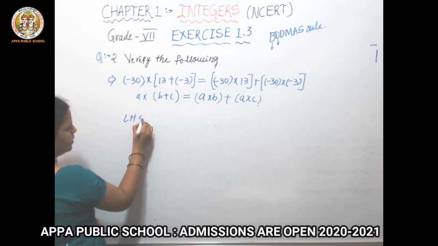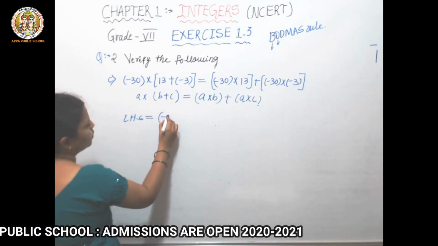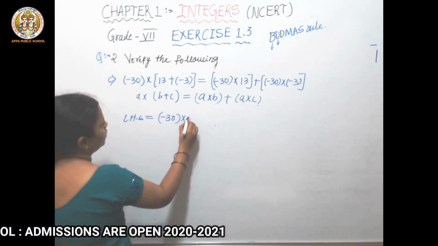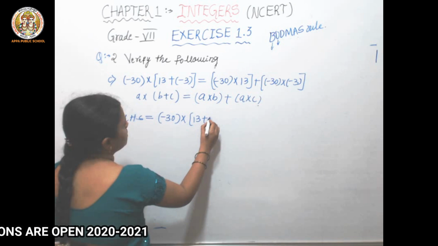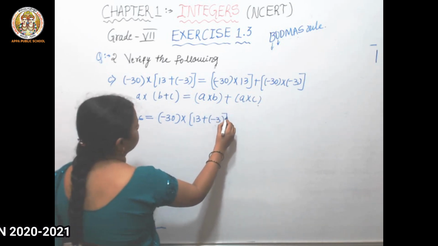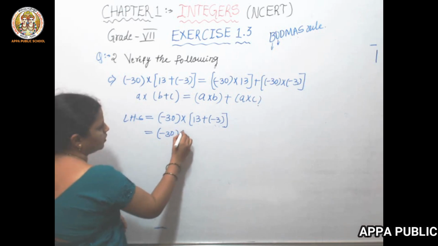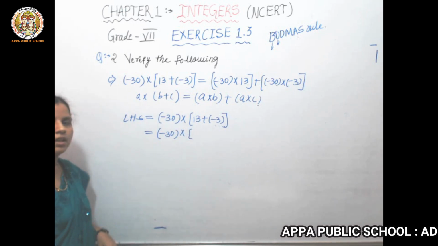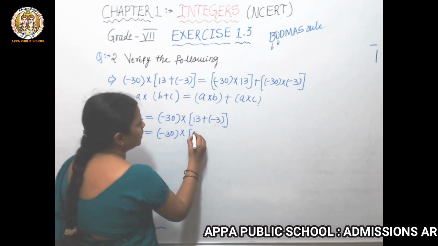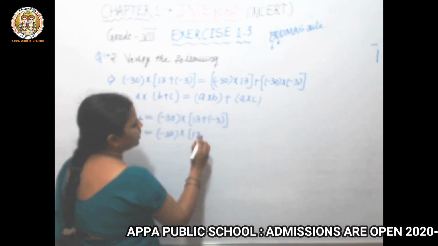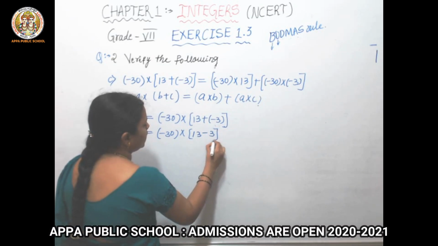First one is LHS. LHS is equal to minus 30 into (13 plus minus 3). Now, minus 30 as it is. First, you have to solve the bracket. So it has 13 plus into minus as minus 3.